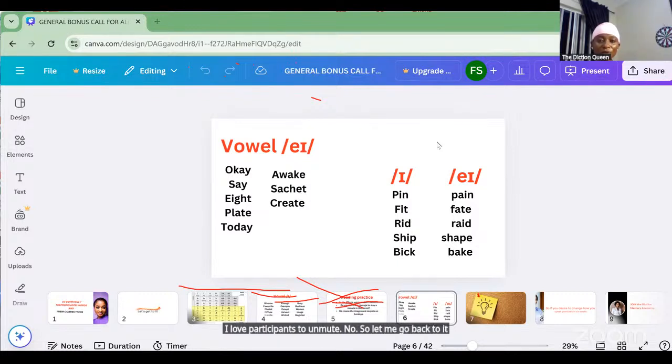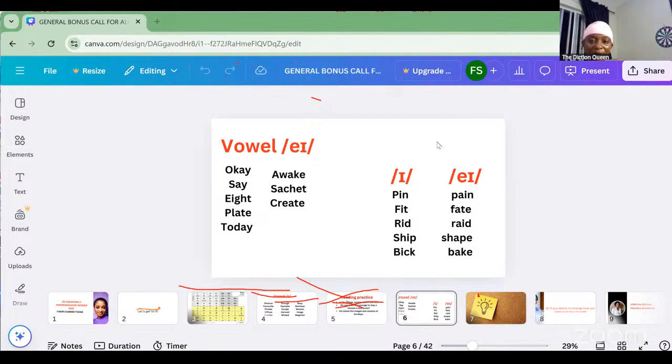I've muted everyone. Fadila, you can now unmute yourself. Fadila, please unmute.